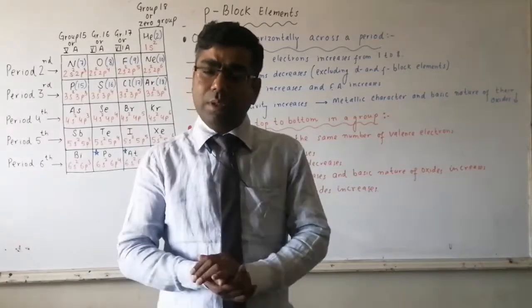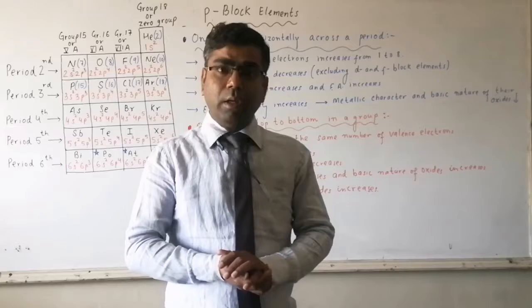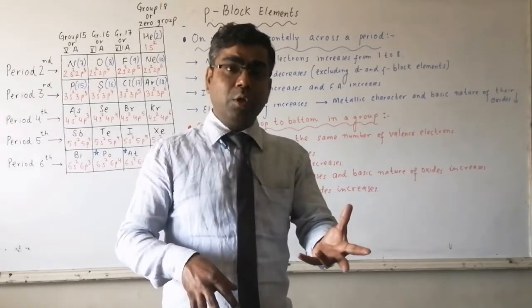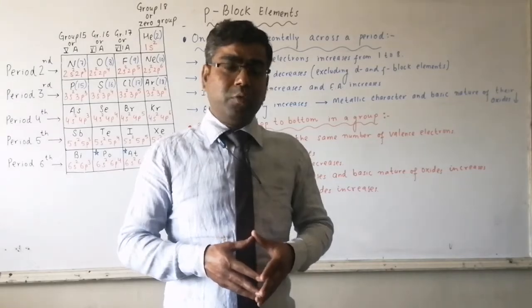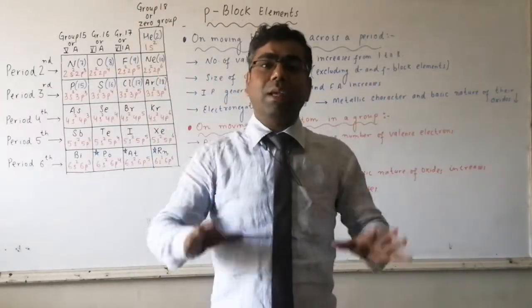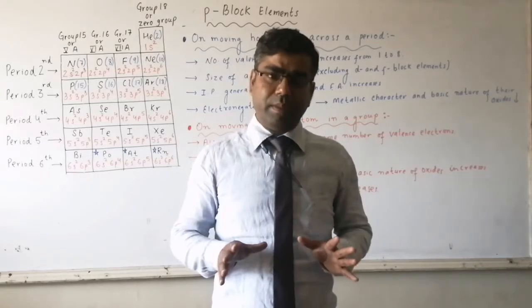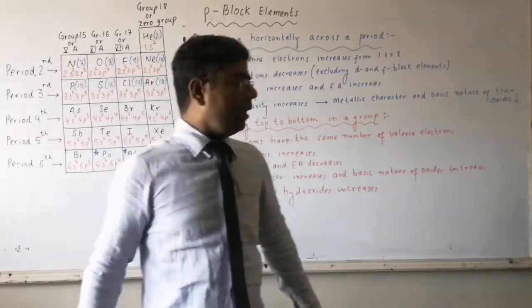The valence shell is coming closer to the nucleus. When an electron is added to the valence shell, the nucleus is close, so the incoming electron will feel more force of attraction. So the electron will be added easily and more energy will be released, which is called electron gain enthalpy, or electron affinity.